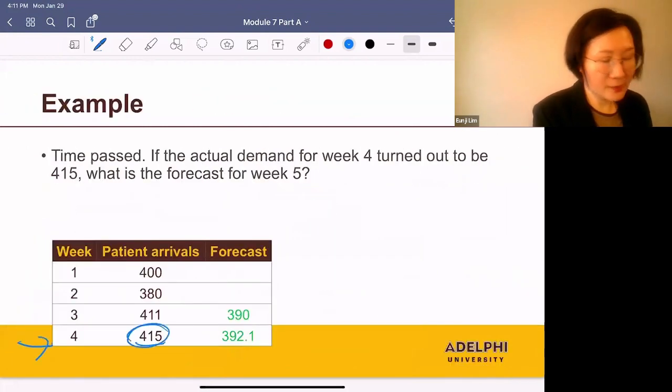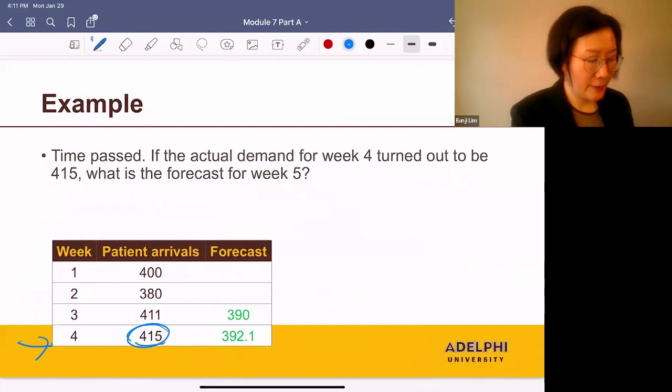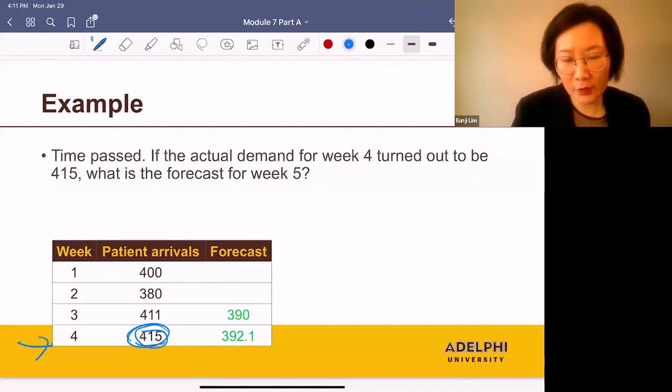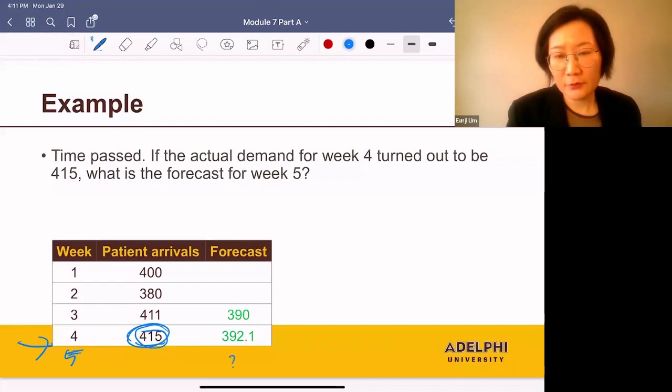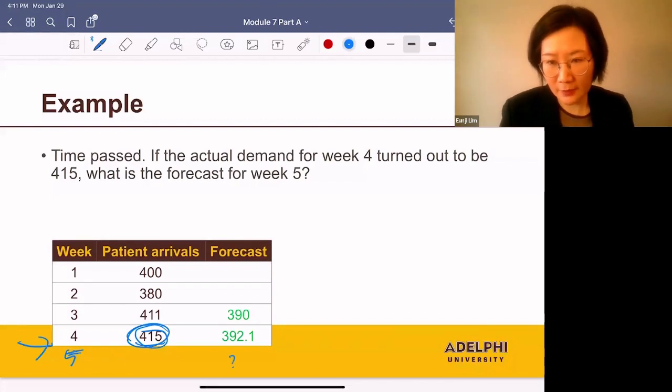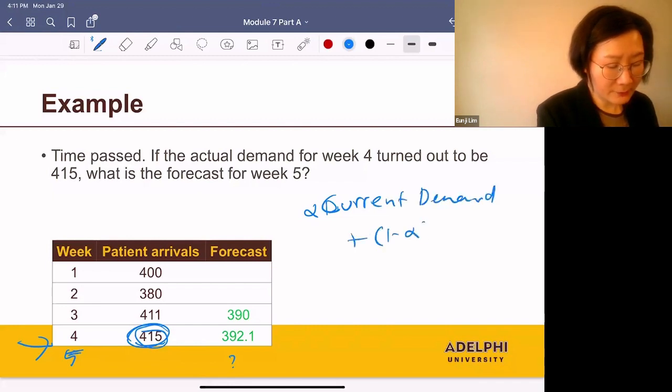Now time has passed, and we are at the end of week 4. So we know how many patients actually arrived. We had 415 patients in week 4. Now, what's our forecast for week 5? Again, we're going to use the exponential smoothing method. The formula is alpha times the current demand plus 1 minus alpha times our forecast.